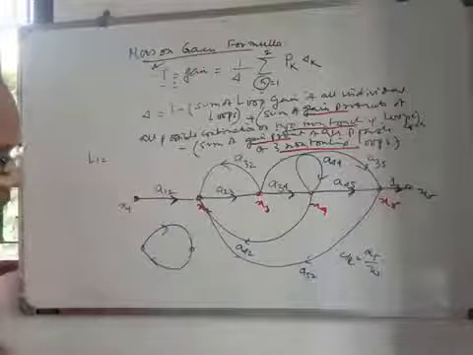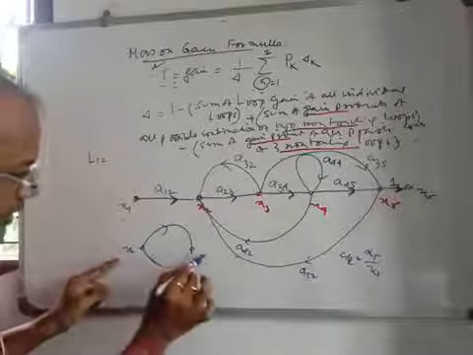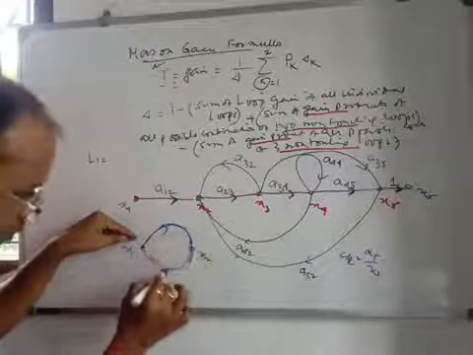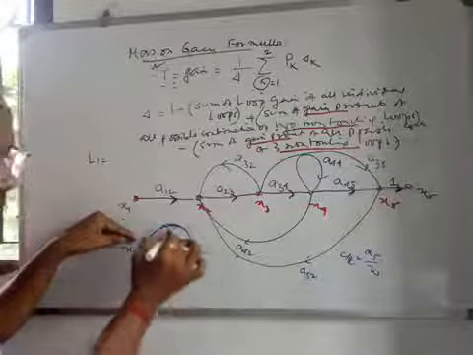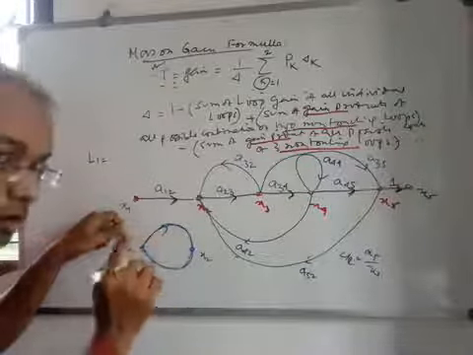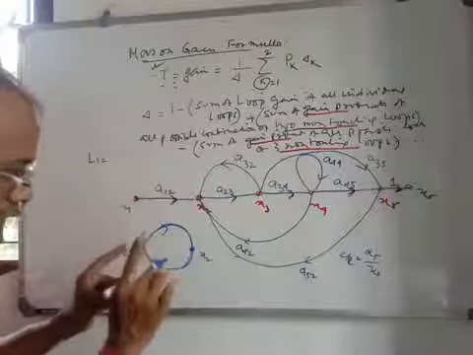That means this is say x1, this is say x2. The signal goes from x1 to x2 and from x2 to x1. So this is the loop, without traversing a single node twice. That is the concept of a loop.